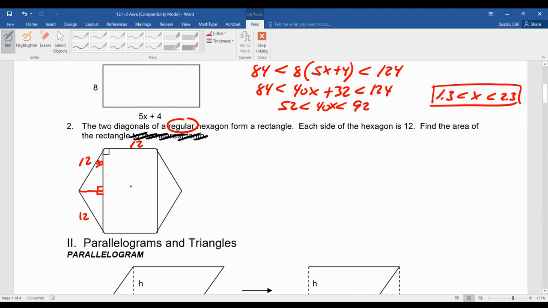And drop in an altitude to create two congruent 30-60-90 triangles. So if I got 12 as the hypotenuse, this little piece here would be 6, and this would be 6 root 3. So we have a rectangle with a side of 12 and another side of 12 root 3. So easy peasy there.